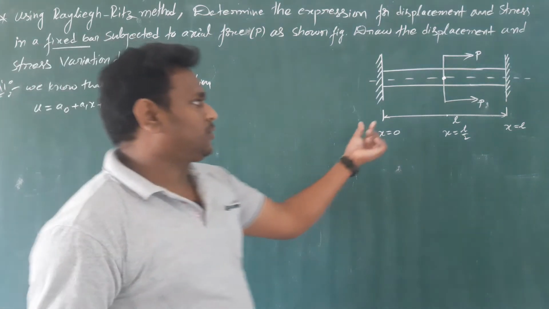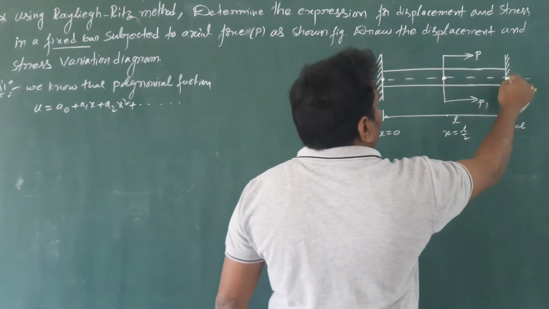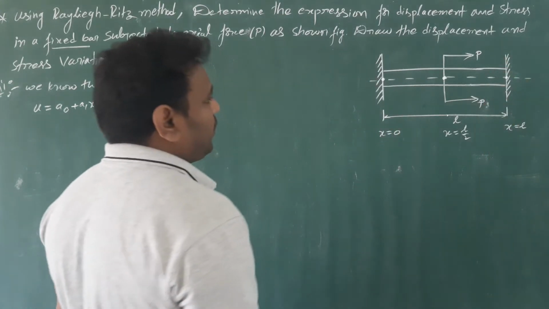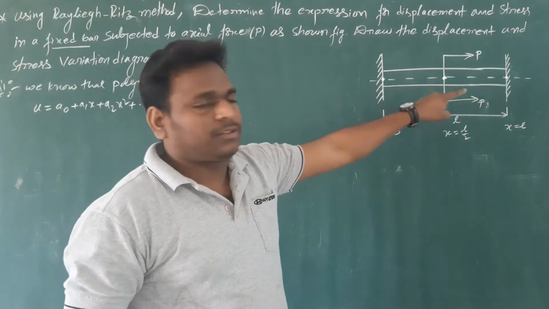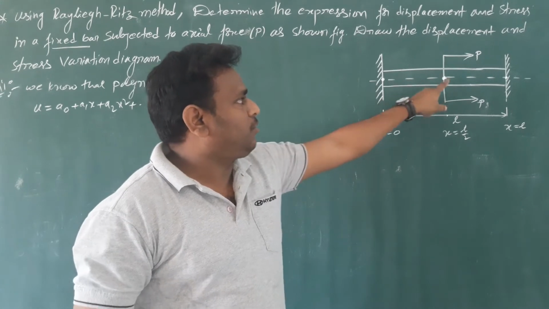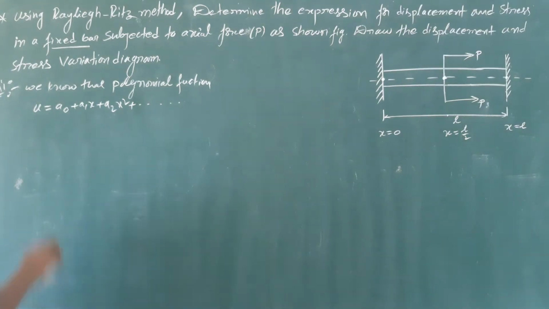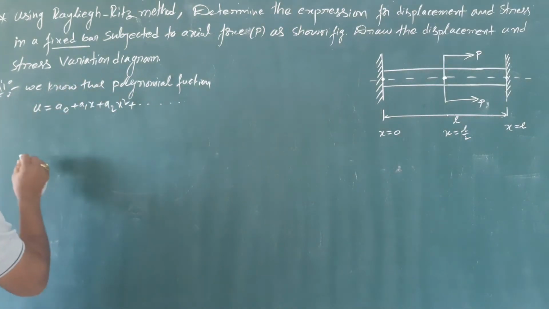Here there are three nodes, that is, this fixed bar consists of three bars, 1, 2, 3. That's why we take only three terms here.